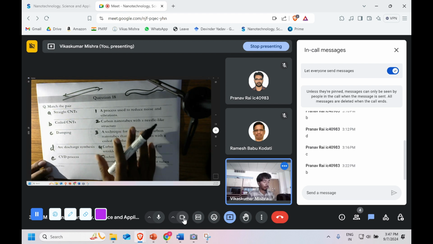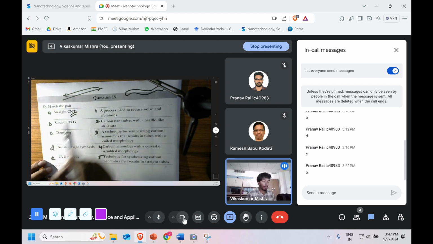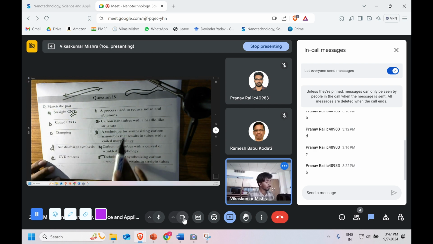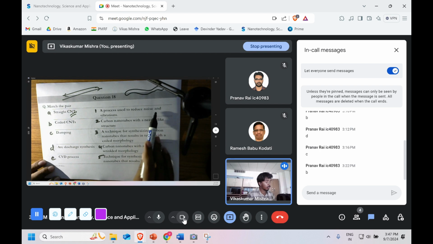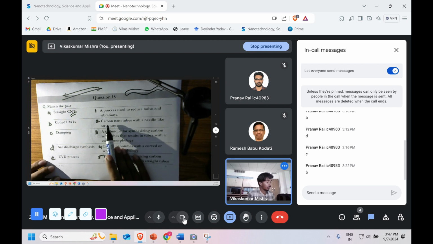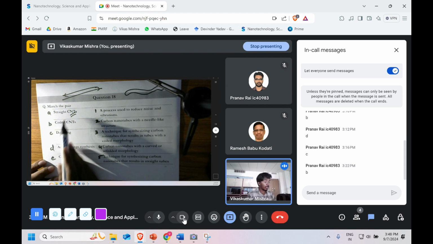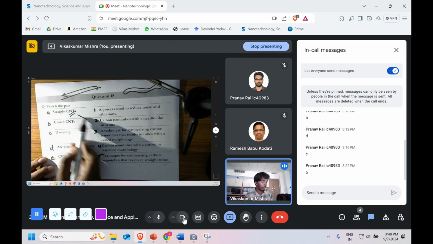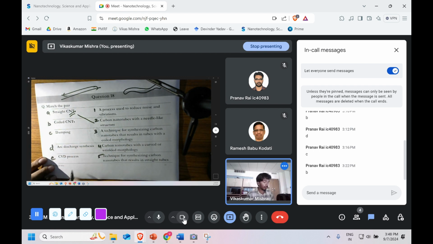Let's select the most favorable answer for the straight CNT. A process used to reduce noise and vibration? No. A carbon nanotube with a needle-like structure? Yes, a straight CNT is a carbon nanotube with a needle-like structure. So A will go with 2.